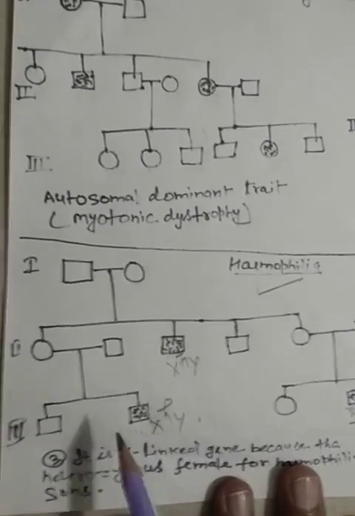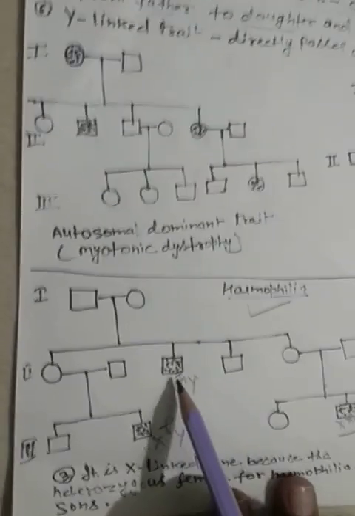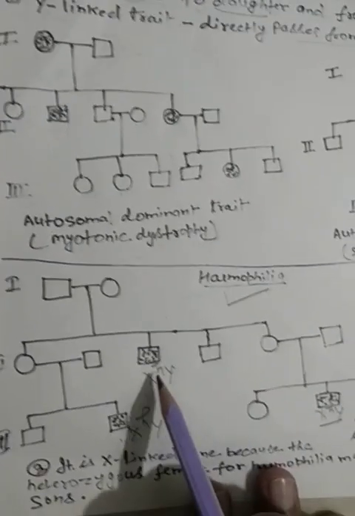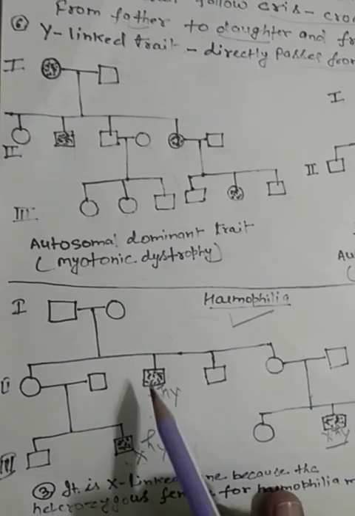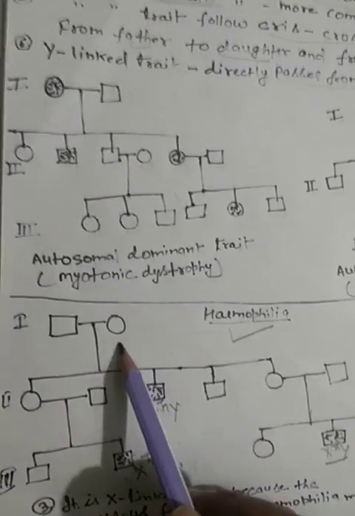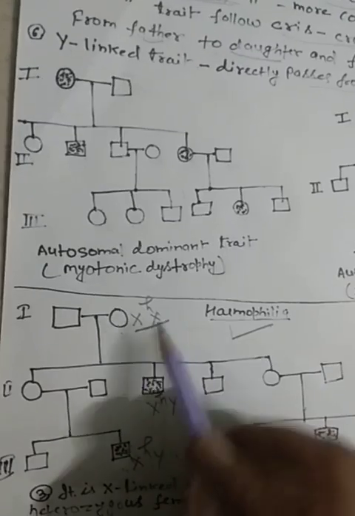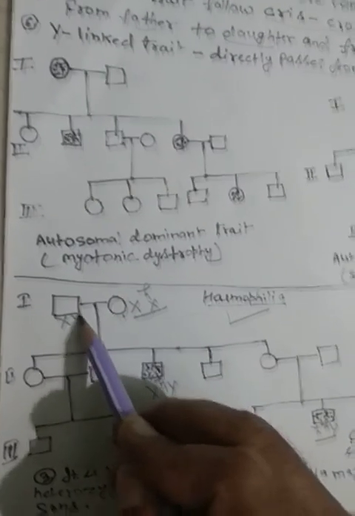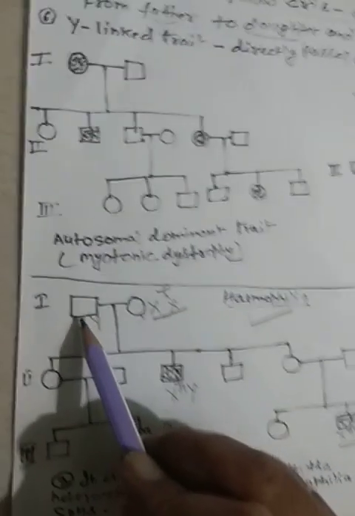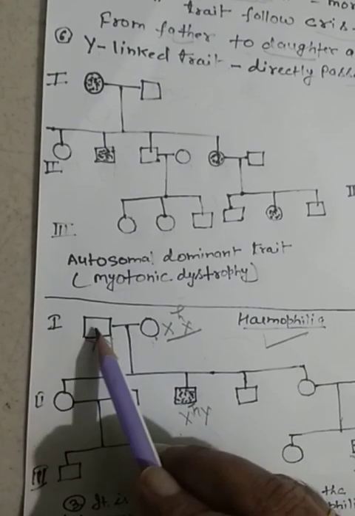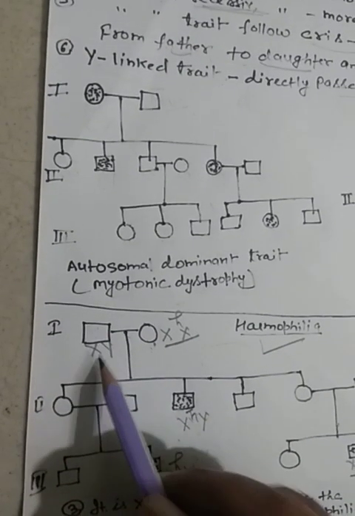Now you know that a son gets the sex-linked gene from the mother. It means this mother must be a carrier. This mother is normal, but she must be a carrier, and the father will be normal, because if there were even one recessive gene here, that father would be diseased.